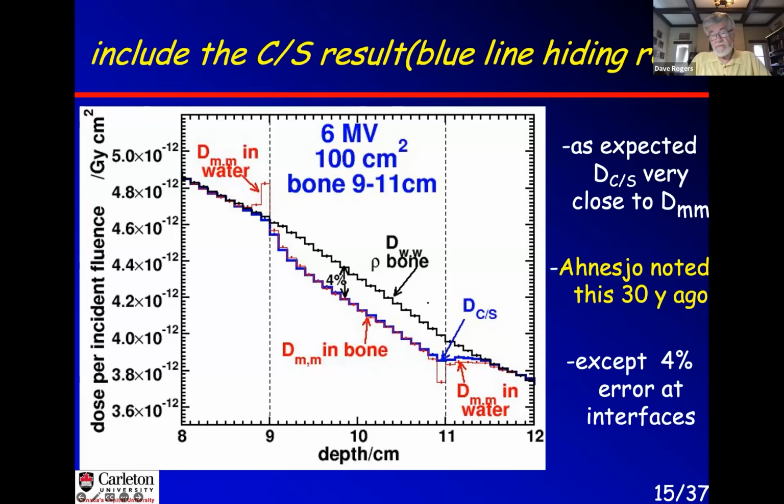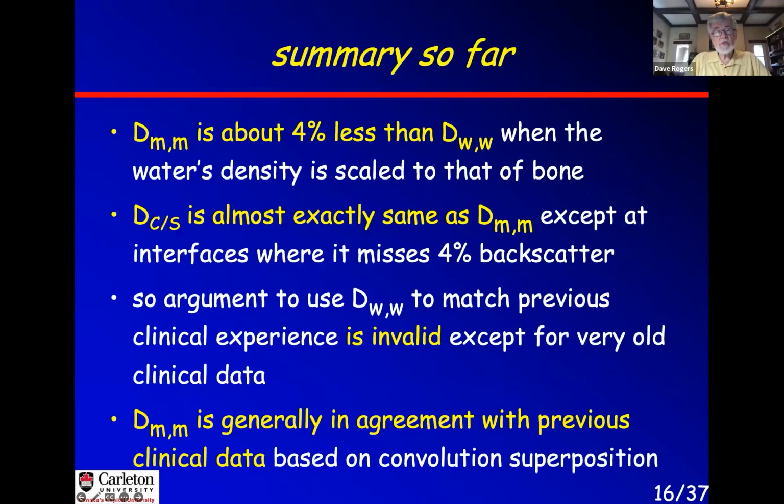Okay, so that's convolution superposition. So what's the summary so far? Well, as we saw in that figure, the dose to the medium is about 4% less than the dose in water with the scaled density. So it's not a huge effect, but it's significant. The convolution superposition dose is giving almost exactly the same as the dose to the medium calculated by Monte Carlo, except just near the interfaces.